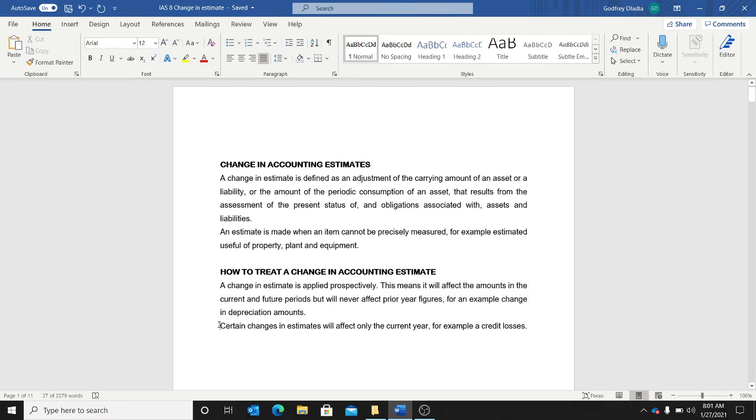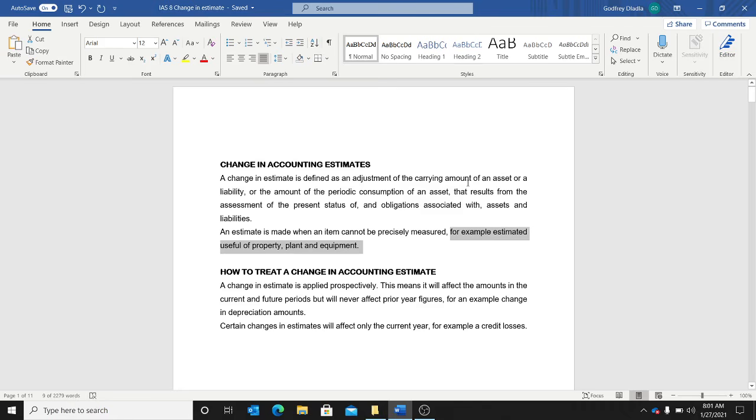Certain changes in estimate will only affect the current year, which is credit losses. Credit losses affect the current year because you only change the adjustment or the percentage this year. Then for the future you put 0, and you treat it as it arises. But the change in estimate when it comes to PPE affects the current year and future years.